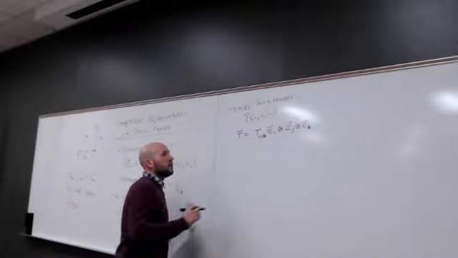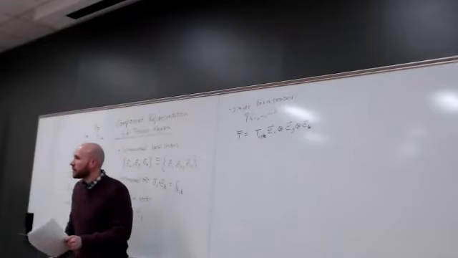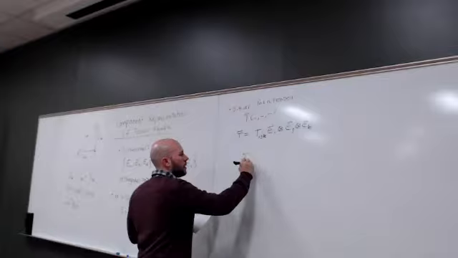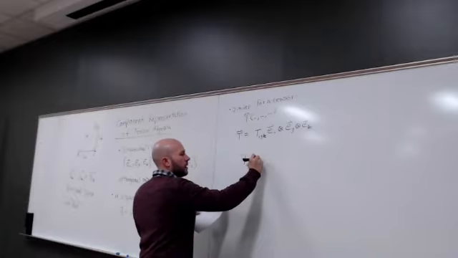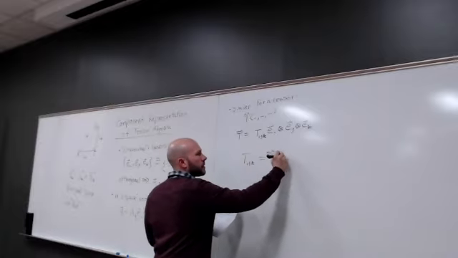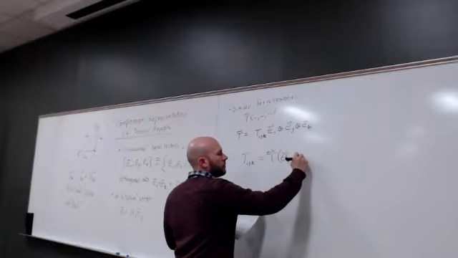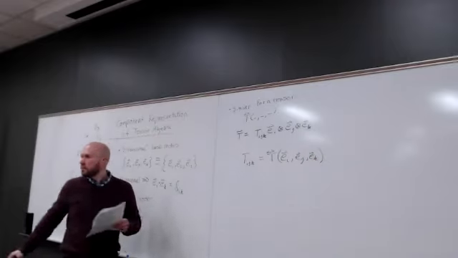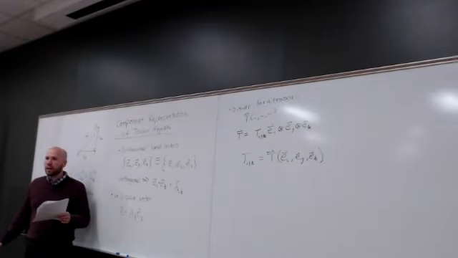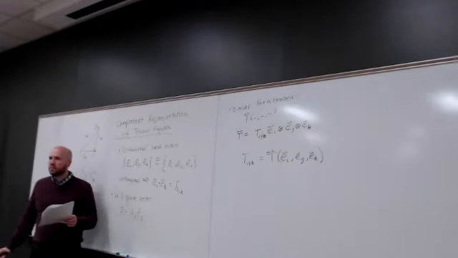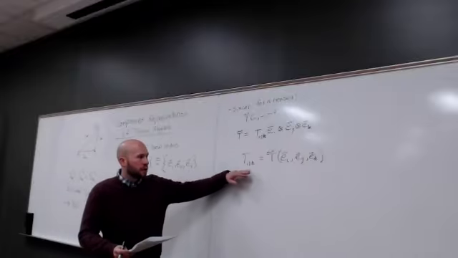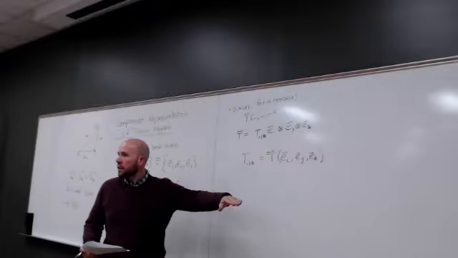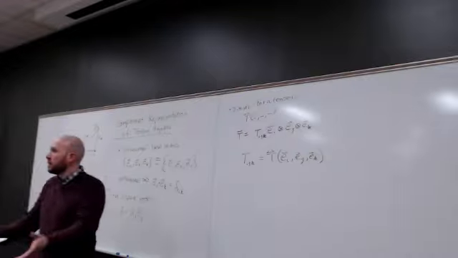Now, to get out what those components are, I insert the basis vectors into the tensor's slots, and out comes my component. If you specify i, j, and k, it's a scalar, a number. It's the component of that tensor.